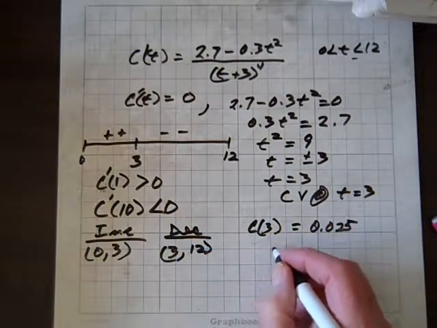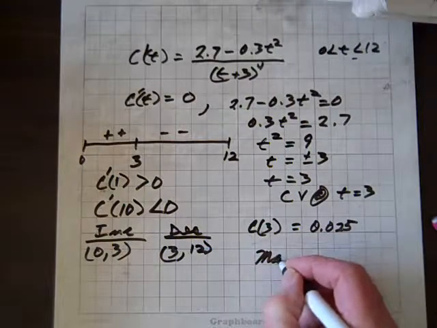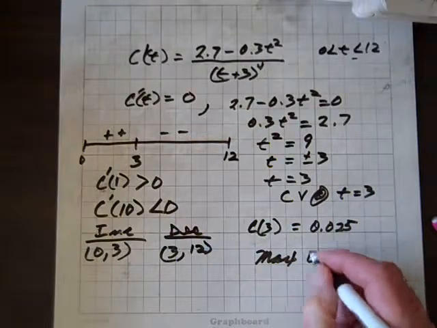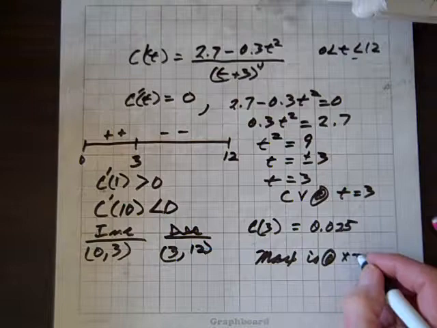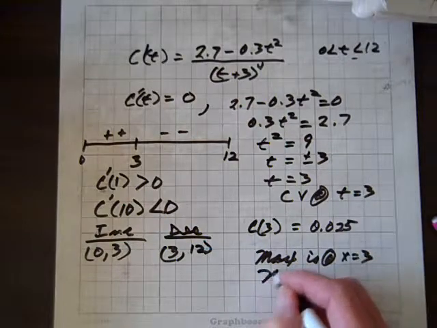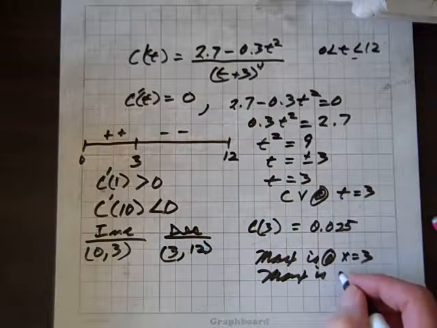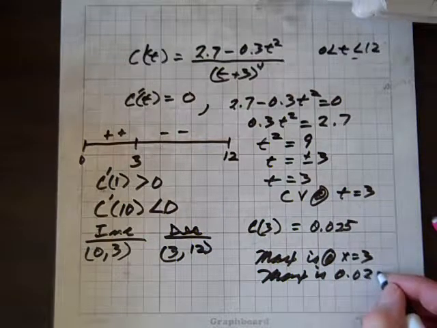So now we know our max is at t equals 3, and the max is 0.025.